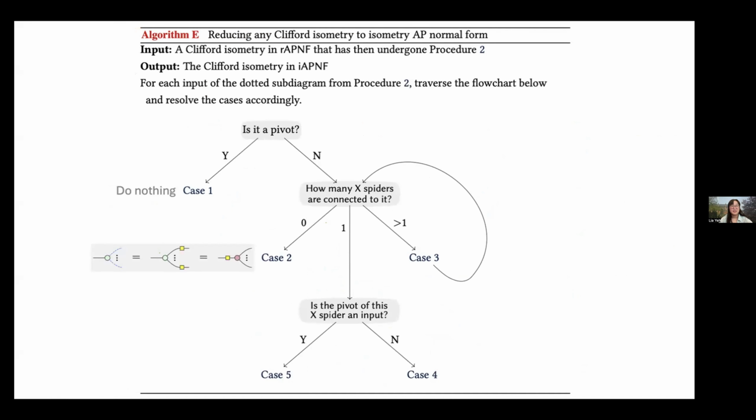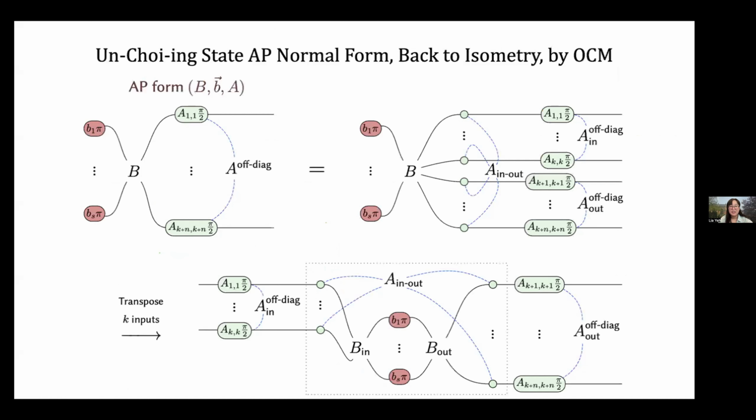Not to all the red spiders, sorry, my bad. It can be connected to exactly one red spider for the inputs, because it has to be for the isometry. Sorry, it can be connected to more than one red spider.